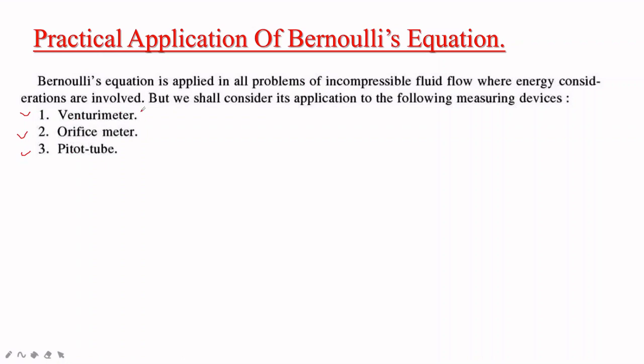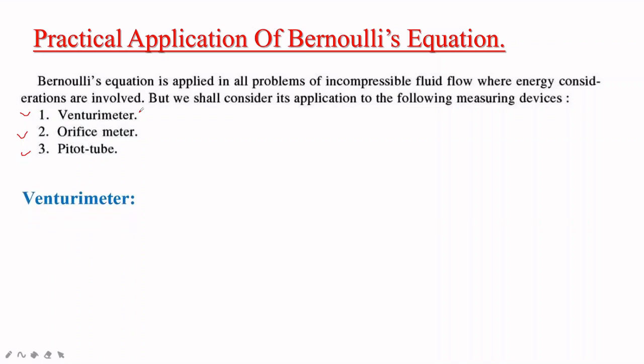Once we get to know about these devices, the problems will be very easy. For this class we will see the theory part, then one theory part and one problem part, so two classes for the devices. First we will see the Venturimeter.